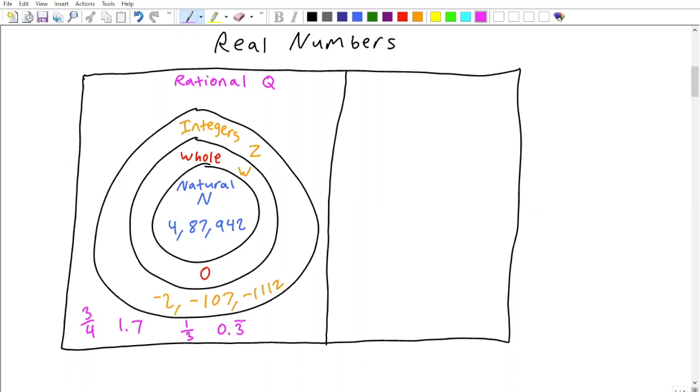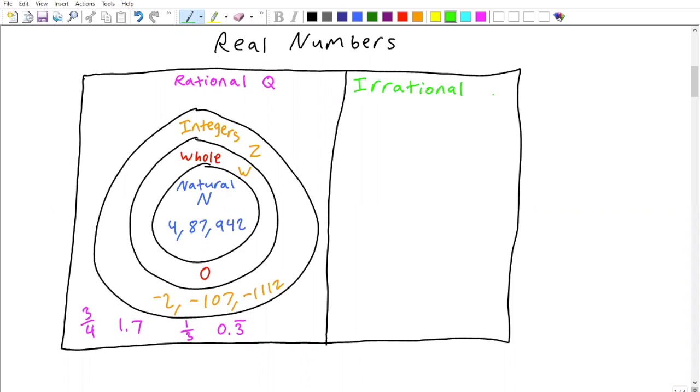Both 1/3 and 0.3 repeating are rational numbers. Essentially, if you can write it as a fraction, it's rational. If you're looking at it as a decimal, it either ends or it repeats.